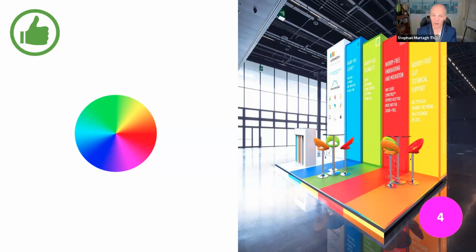And don't be afraid to use bold colors. What we're trying to do is grab people's attention when they're at the trade show, when they're walking down towards your booth and it's very colorful. This can be done very effectively through pipe and drape, through different types of drape color. So we're not limited using pipe and drape or shell scheme, as it's called in Europe, to create an impact.